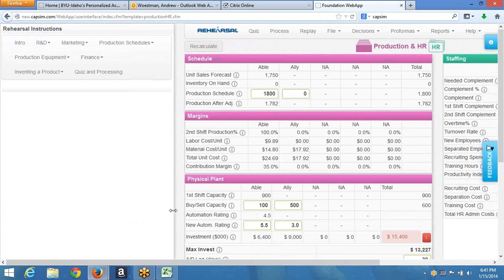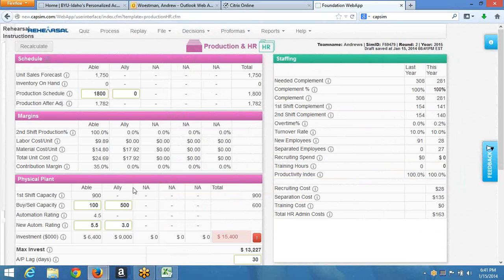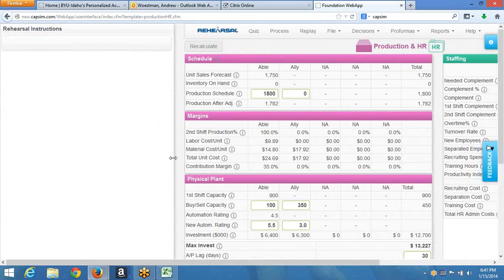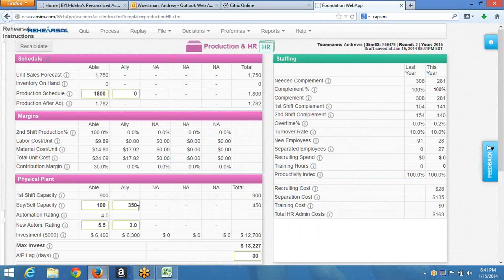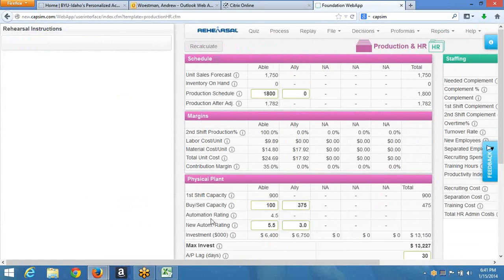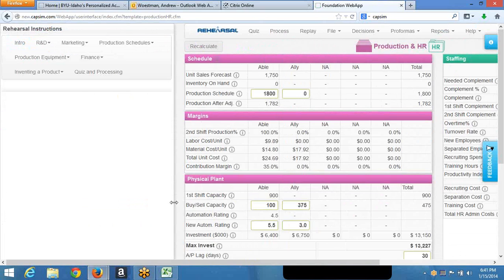Oh, no, I was way over. So in between 200 and 500, it's about 350. Recalculate 12,700. I'm going to do 375 because I want to use as much of my investment as I can so I get the most bang for my buck.